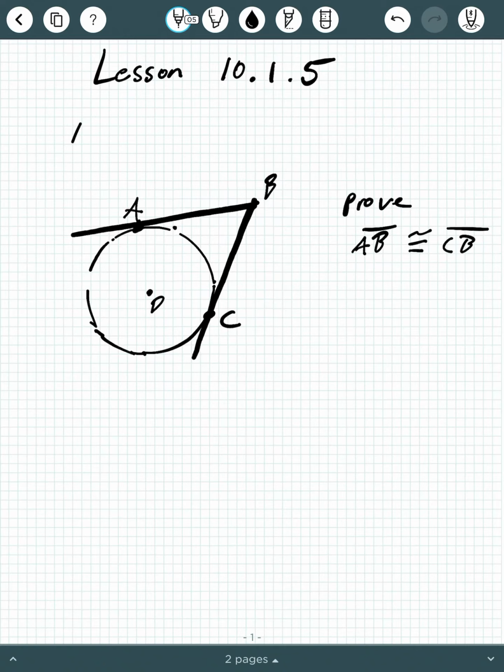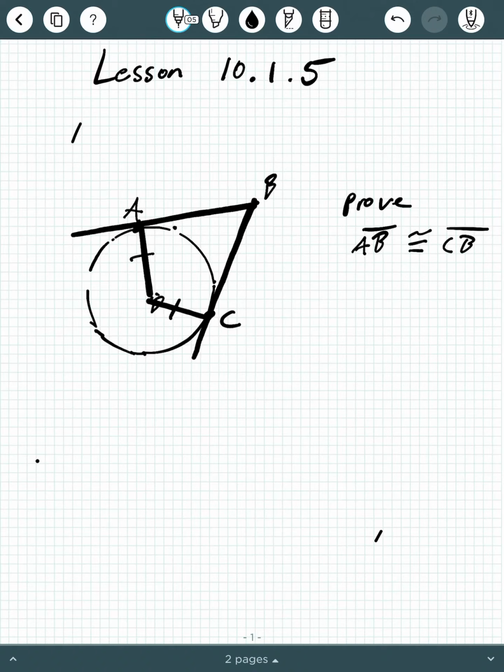So if we add a little bit to our diagram, like connecting AD and CD, we can start getting some work right there. So I know that AD and CD will be congruent because they're each a radius of the circle.